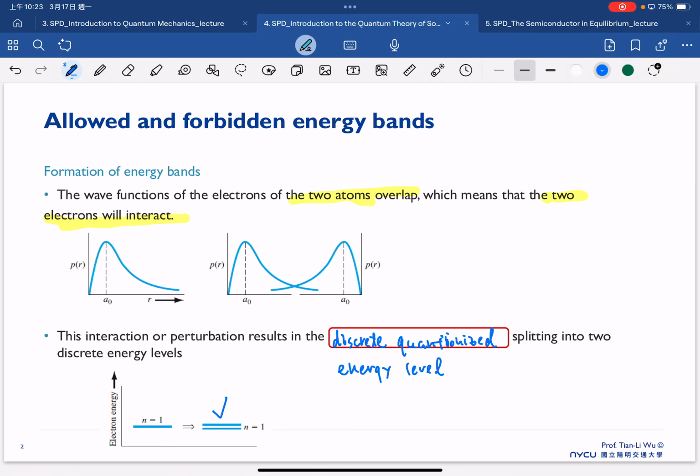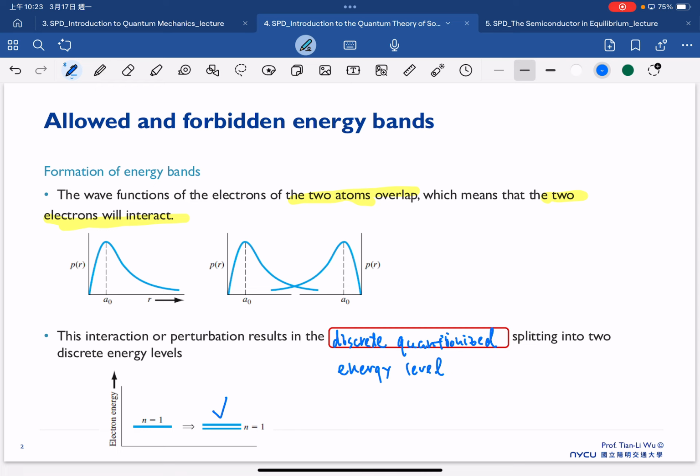I think so far you should be able to start to understand that once we talk about the energy for one or several electrons, in the end it is always showing the characteristic of quantization. That means our energy level is discrete.